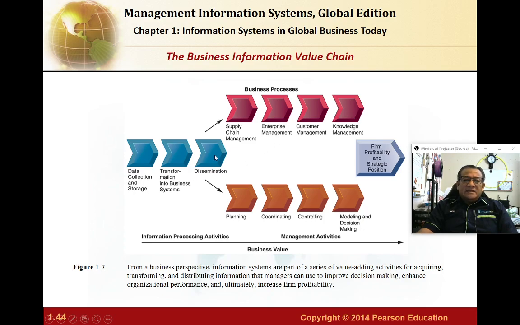Or that IT business information can be used for planning within the organization, internal coordinating or controlling, and also for better decision making. So all this contributes to company profitability, and also strengthens a company's position as a good performer in the industry, which is enabled by the IT system.